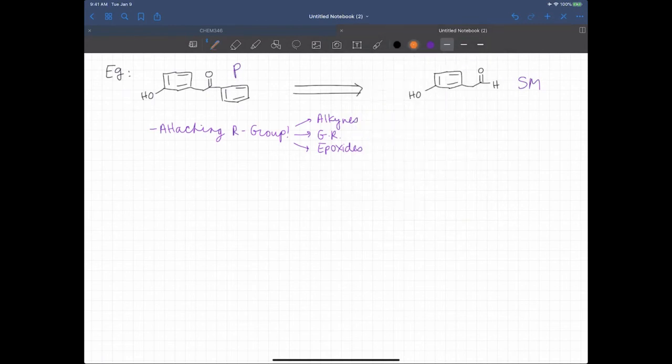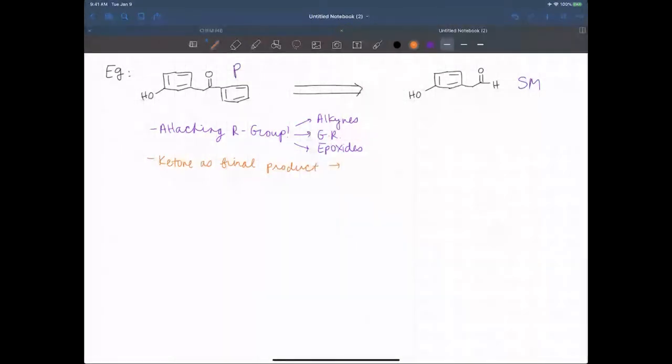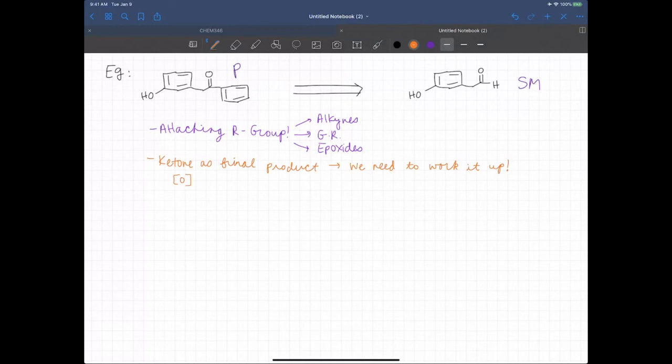What else can we talk about? We have a ketone as the final product, so we know that we need to work it up. When we work up stuff, we are going to have an oxidizing agent of some sort.